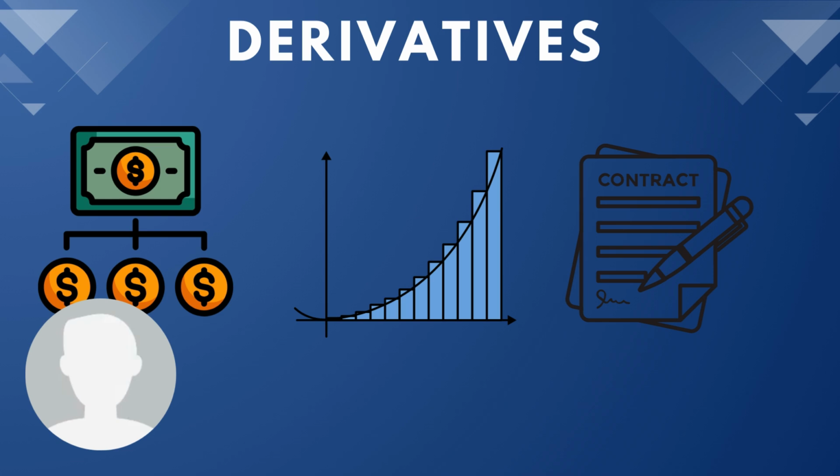Okay, we're talking about derivatives. This is a contract, right? It gives you an advantage of buying a certain thing at a locked price. For example, let's say you're gonna buy oil. Let's say the current price of oil is $70, and you say, okay, I'm gonna buy this oil in 3 months' time at $70. So if oil goes up within that period, you can still buy at $70.